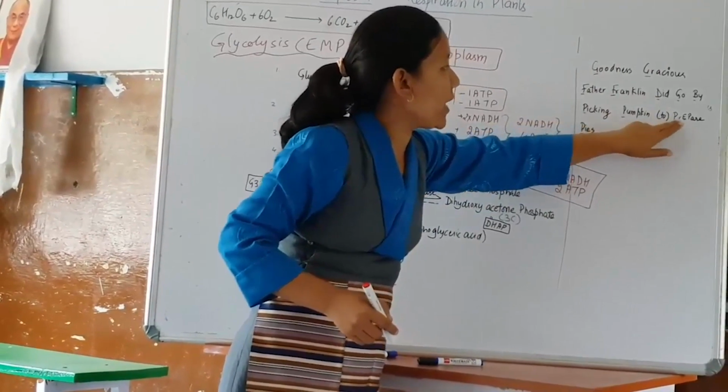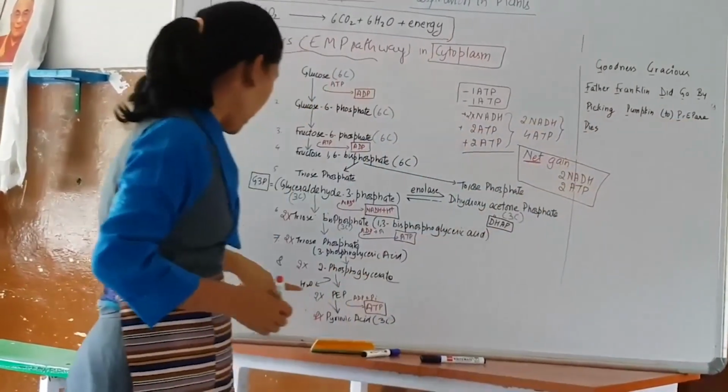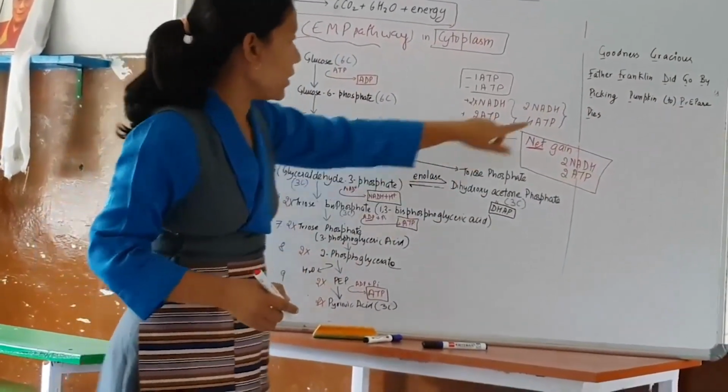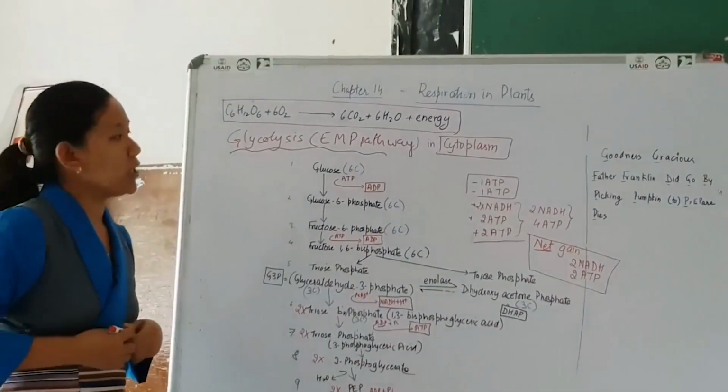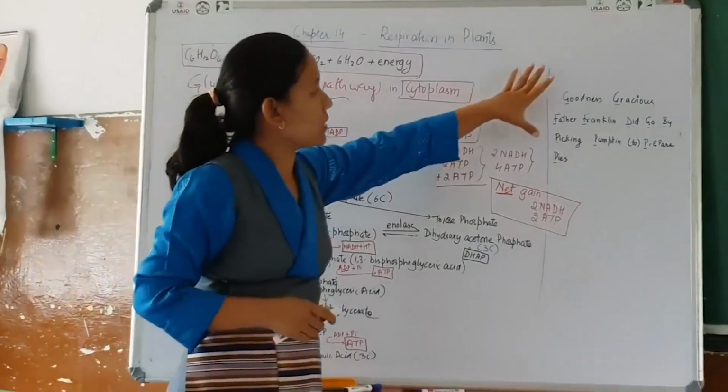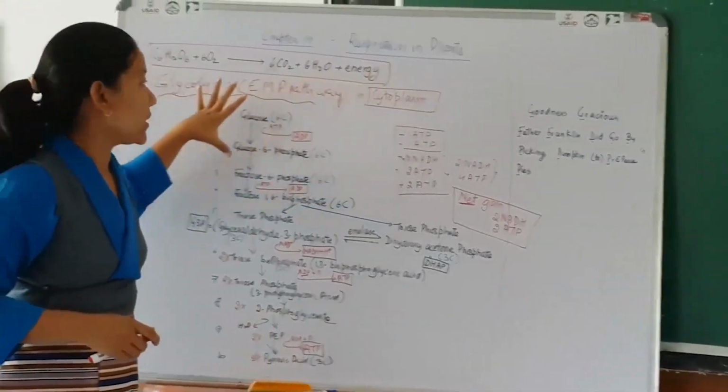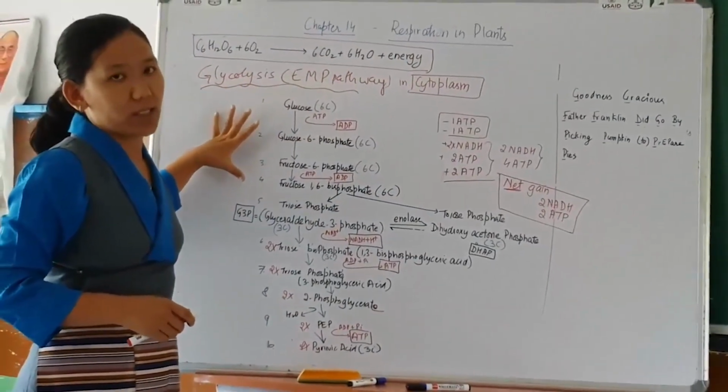Now prepare, PEP, here PEP, and then finally P here, representing pyruvic acid. So if you remember this, you can easily remember the steps of glycolysis.